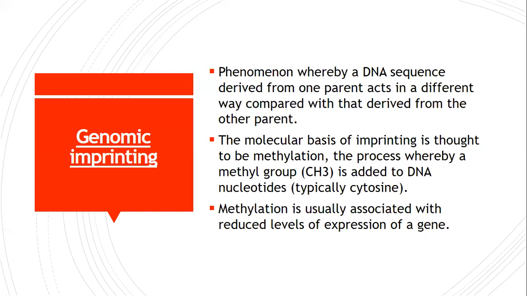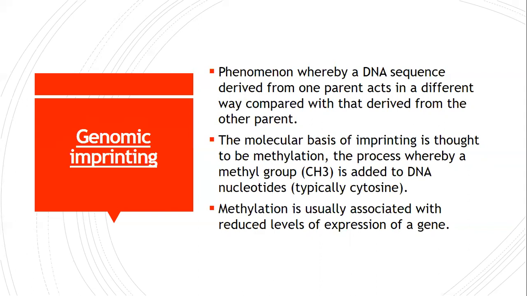The molecular basis of imprinting is thought to be methylation, the process whereby a methyl group, which is CH3, is added to DNA nucleotides, typically cytosine. Methylation is usually associated with reduced level of expression of a gene.